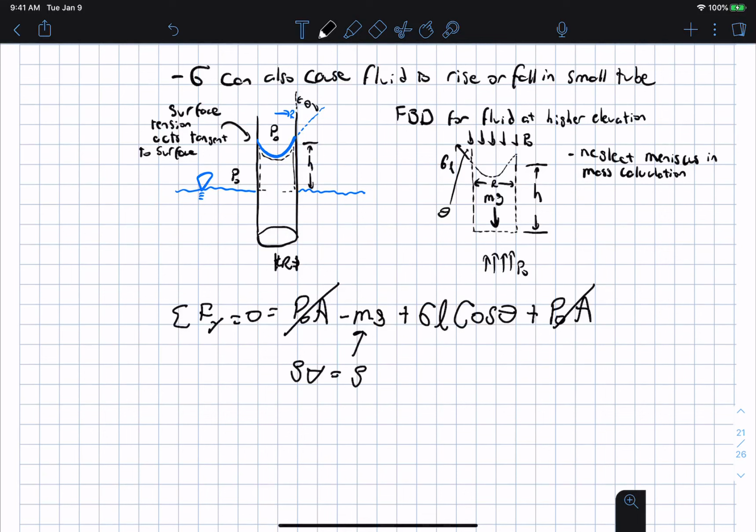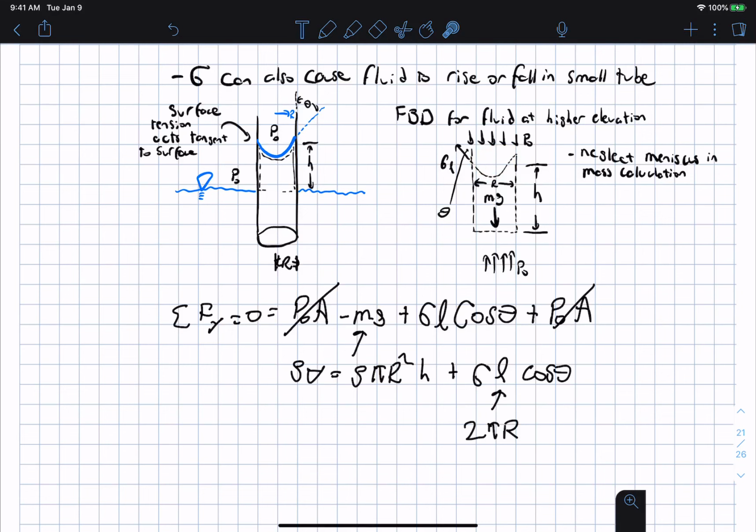That equals rho times pi r squared h, because again, it's a circular tube, and so it's just pi r squared times the height. And again, we are neglecting the tiny volume due to the meniscus. It's normally very small compared to everything else. Plus the surface tension times the length times cosine theta, which is normally a given, and L is equal to 2 pi r, because again this is a circular tube.